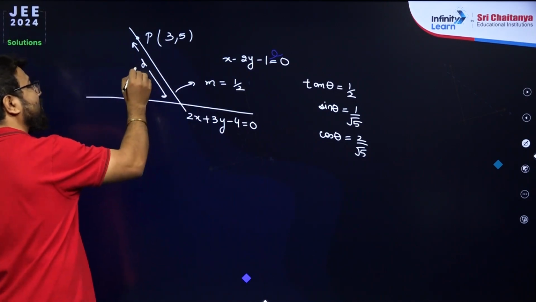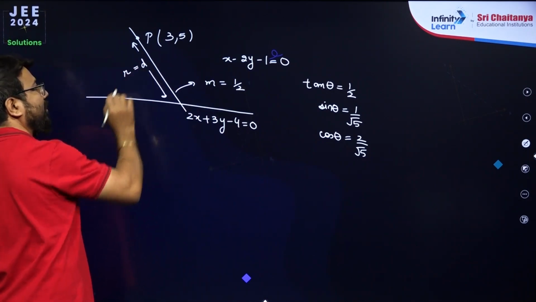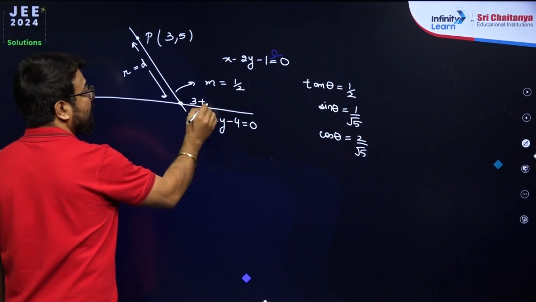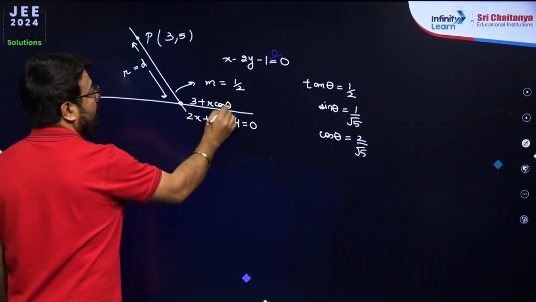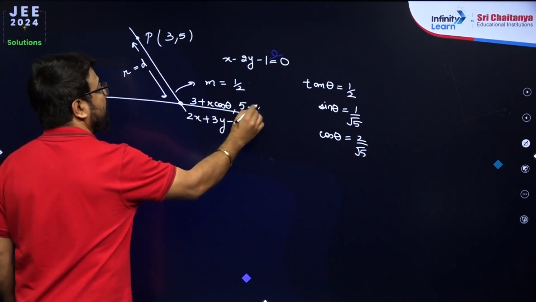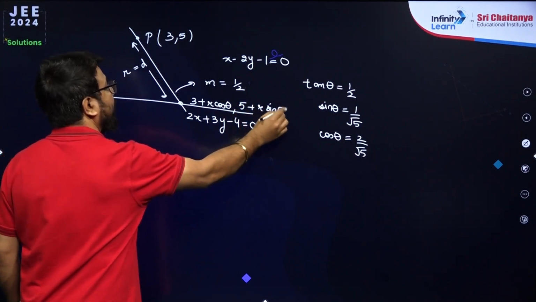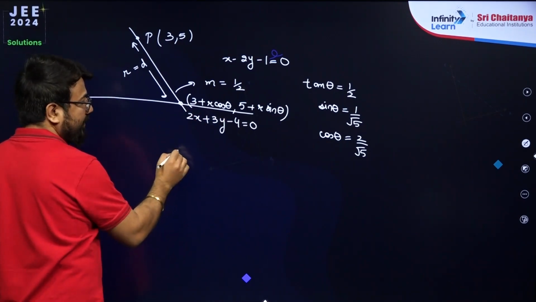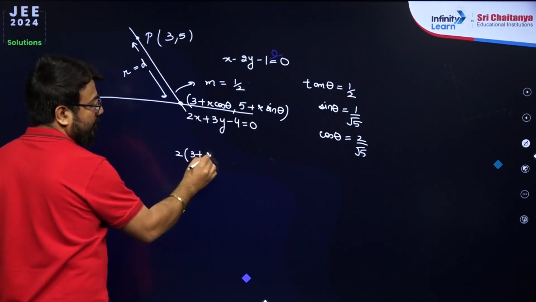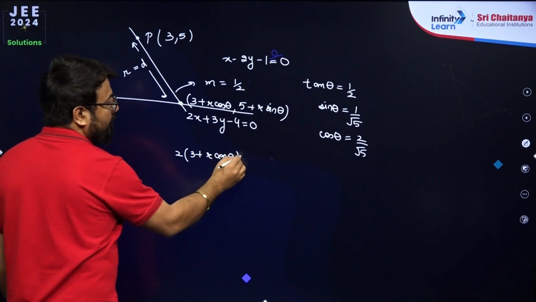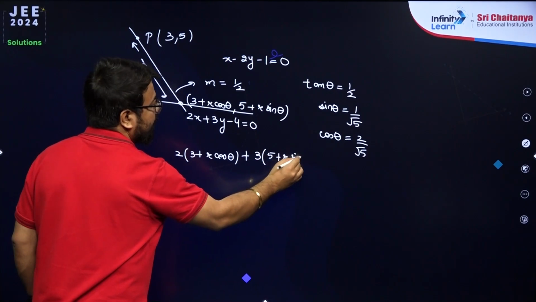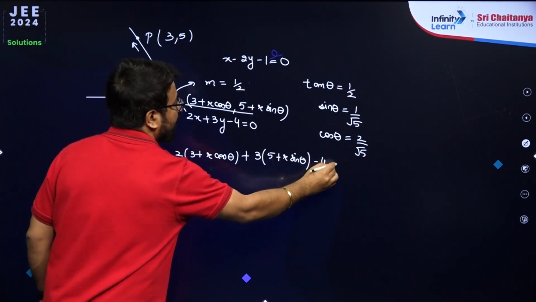Because if I assume this distance to be, for example, r, then this coordinate I can write as x1 plus r cos theta and y1 plus r sin theta. Alright. So 3 plus r cos theta will be replaced here and 5 plus r sin theta will be replaced here, and then minus 4.